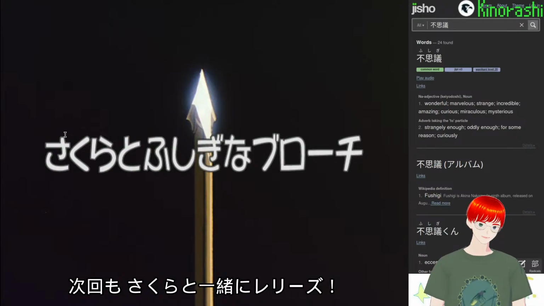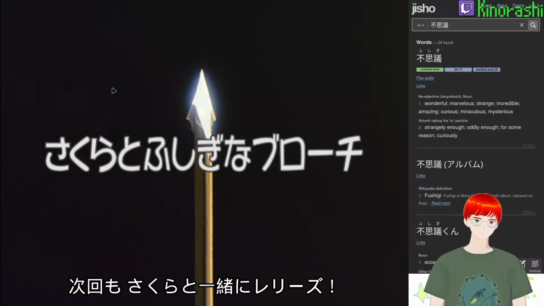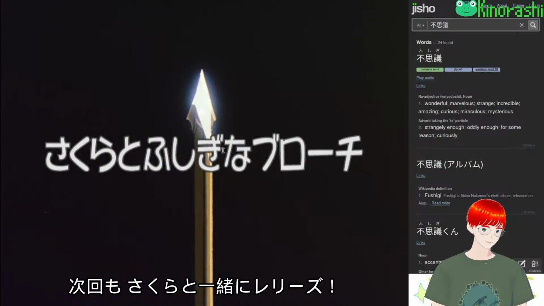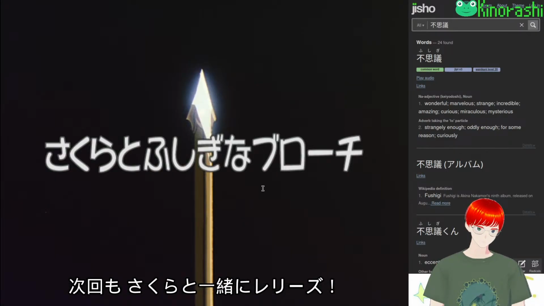But why is Issho ni here? It means together with Sakura, likely the name of the main character. Rerisu, a loan word from English, means release. In this context, it is probably shorthand for the release of the episode.